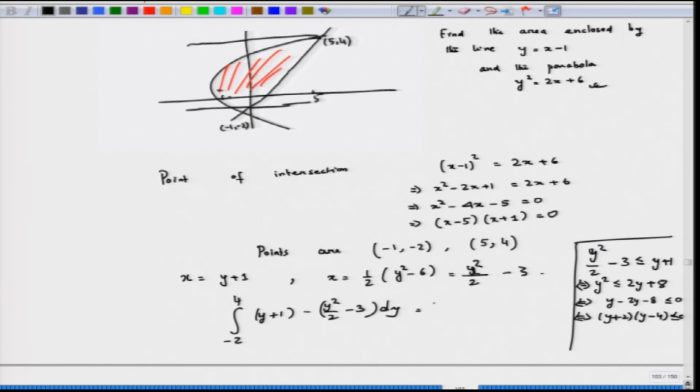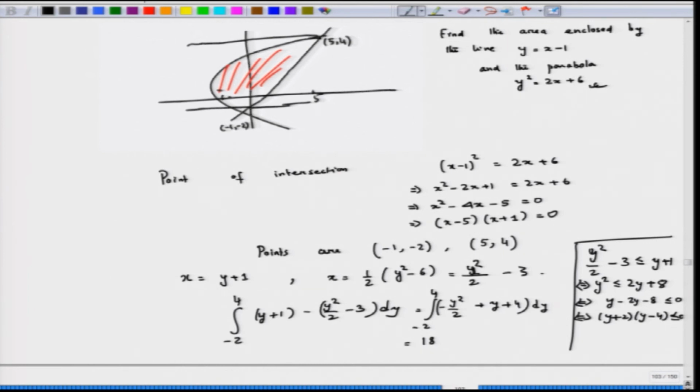This is equal to the integral from minus 2 to 4 of minus y squared by 2 plus y plus 4 dy. That will be easy to compute, and we are going to get 18.